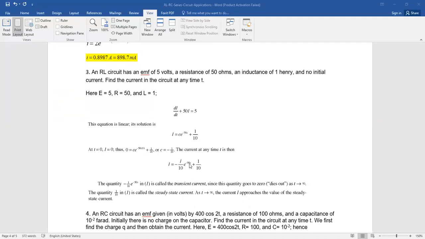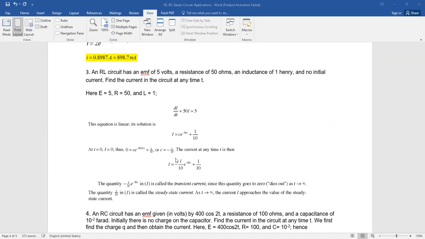If you substitute the t for infinity and the value of that entire term goes to 0, then this is your transient current. It's so easy to answer the steady state current because whatever is the constant in the equation you have derived, that is your steady state current.